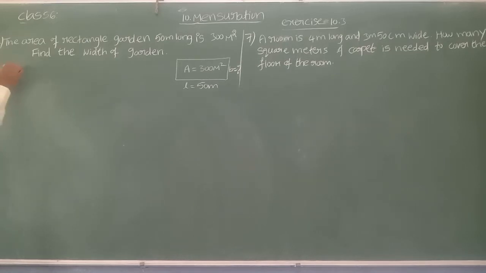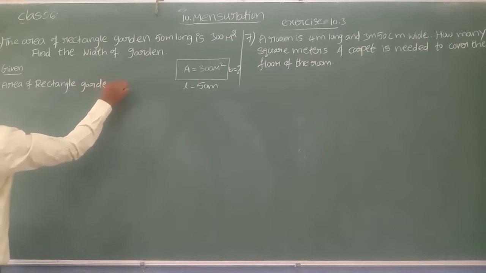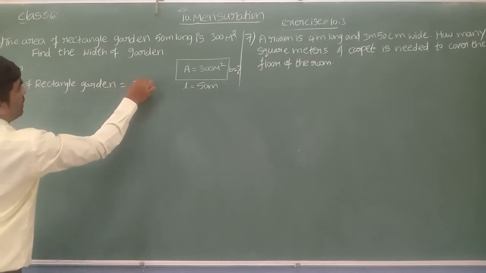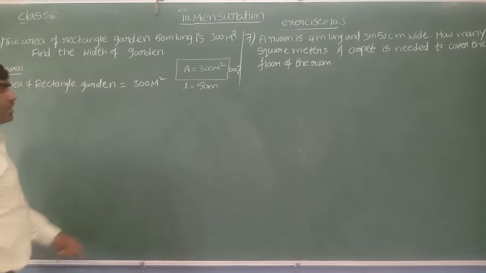Let me write here. Given, the area of the rectangular garden is equal to 300 square meters, and the length is 50 meters.